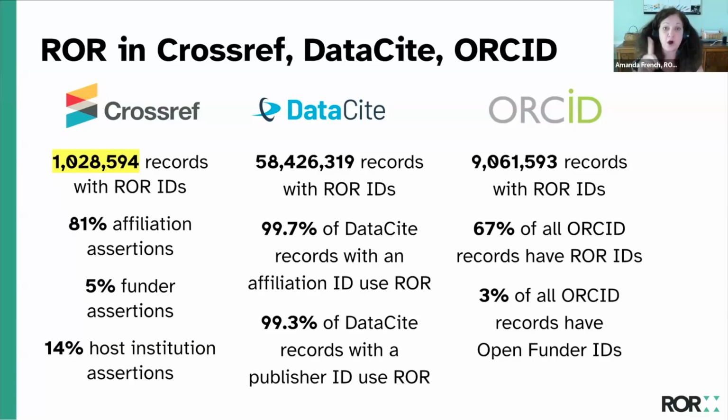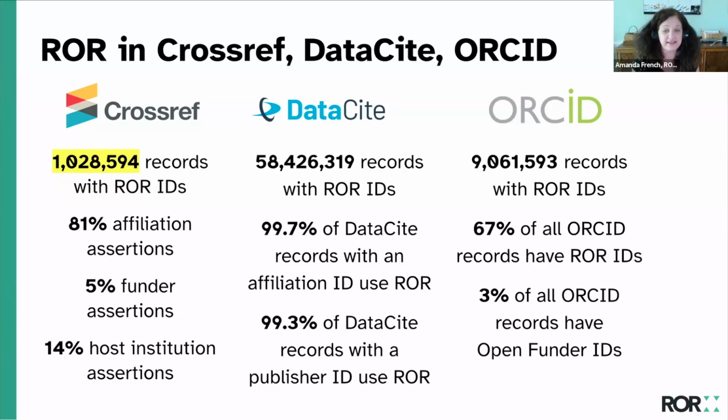So for instance, if you have one DOI that has 5 authors and all of those 5 authors have their affiliation marked with a ROR ID, that's going to be 5 assertions in one record. So previously, we were reporting ROR ID use per record, and these are assertions, meaning the number of times ROR is used in a particular way.